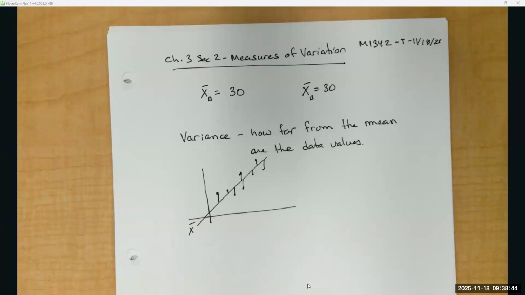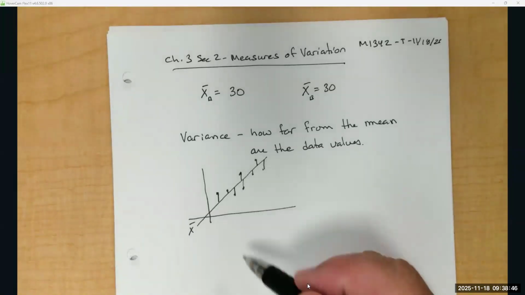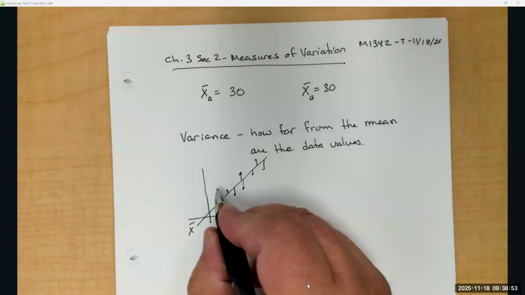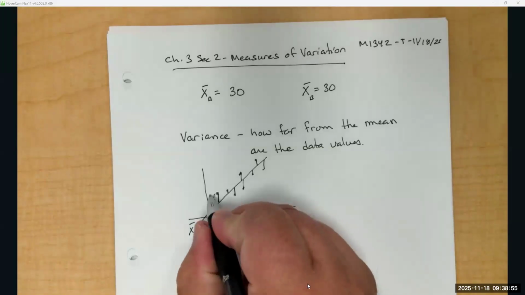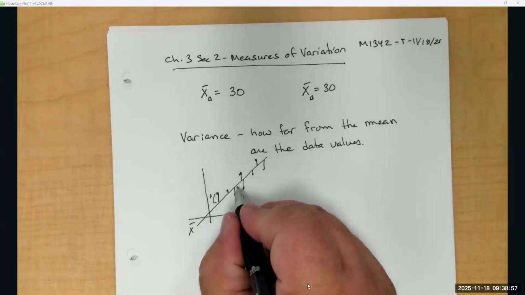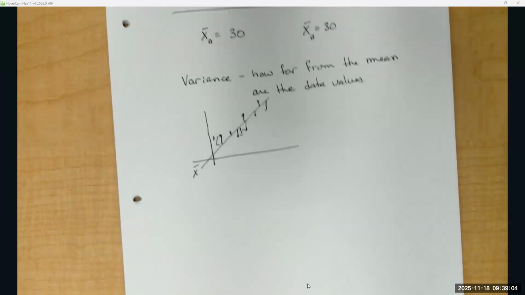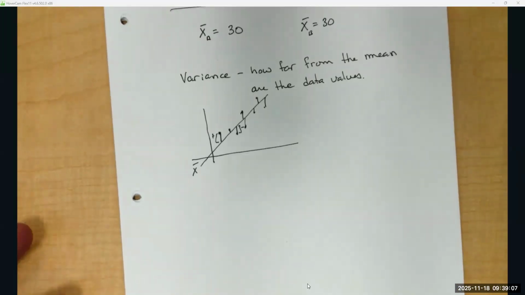Because remember, it's the average. So some values are above it, so those are positive. Some values are below it, so those are negative. What happens when we add them up? They become zero. Because if it's truly the average, the ones above it and the ones below it have to be equal. So the positives and the negatives cancel out.